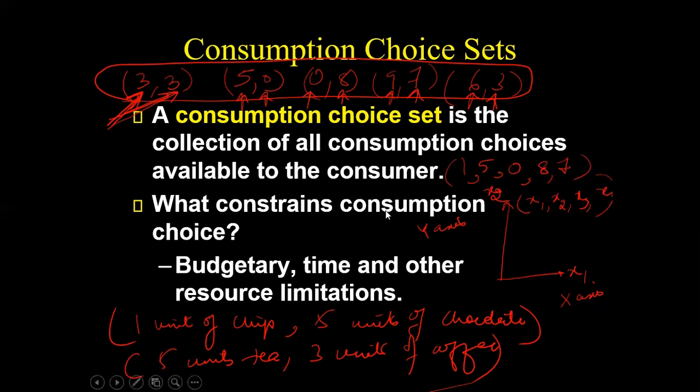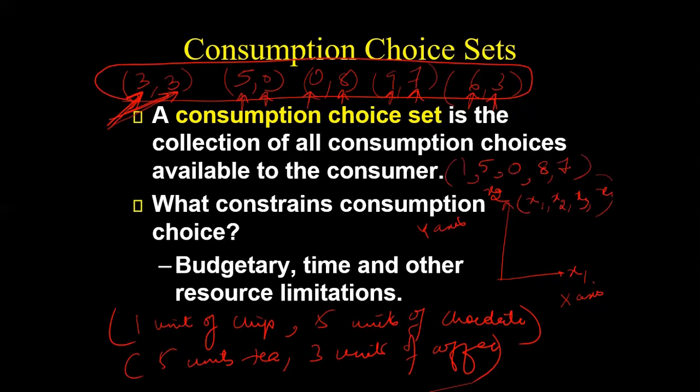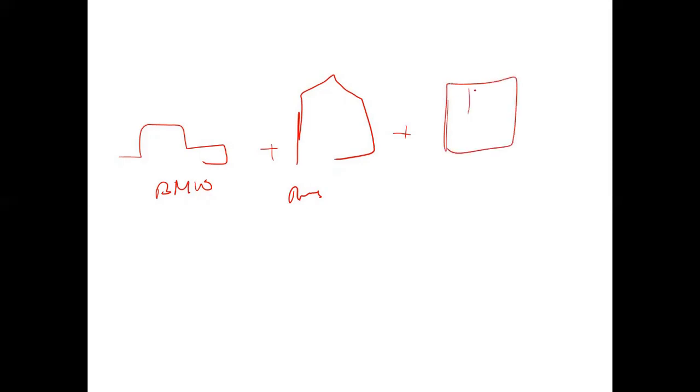Now, the question that arises is, what constrains a consumption choice set? I understand that I can go ahead and consume whatever I want to, but then what is helping me constrain that? The constraint happens due to the budget line, time, and other resource limitations. I can ask what stops you from buying a BMW, followed by a big bungalow, followed by a good wardrobe or full dresses.